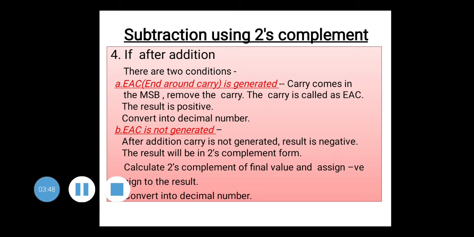Then convert that final result into a decimal number and assign a negative sign to the resulting decimal number. So these are the rules of subtraction using the 2's complement method. It is very important from your exam point of view. You will understand it perfectly from the example solved in the next slide.